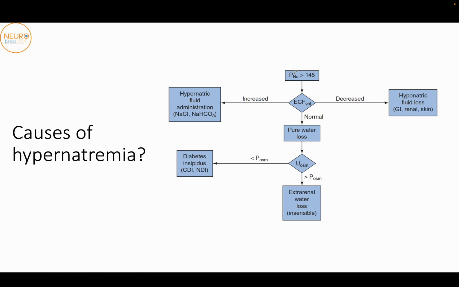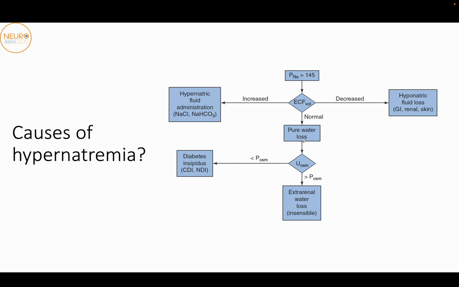If a patient has hypernatremia and is hypertonic, most likely it has happened because you have given them a hypertonic fluid which contains sodium, like 3% NS or bicarbonate. On the other hand, if the patient is hypernatremic and hypotonic, most likely it's because they have lost fluid, through the GI tract, through the skin or through the kidney.